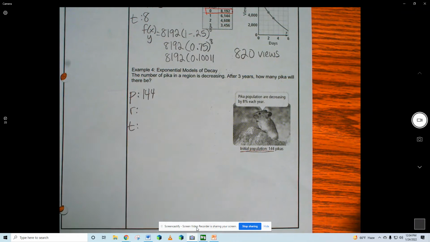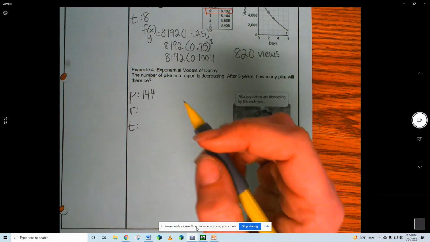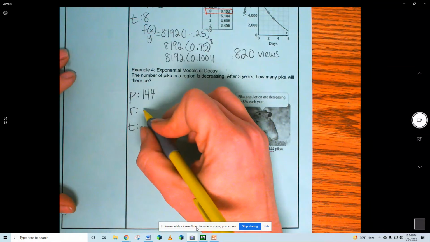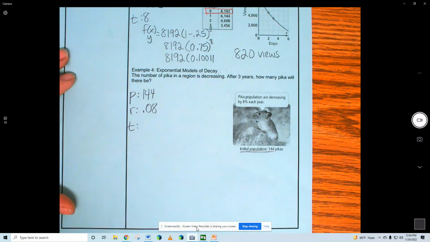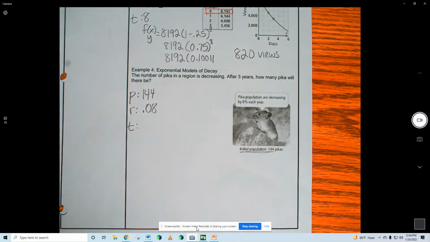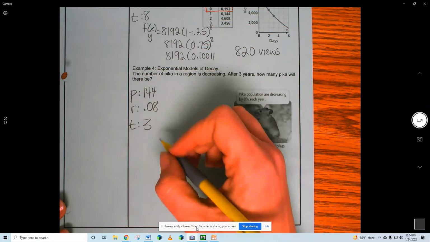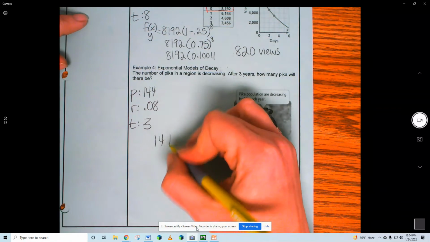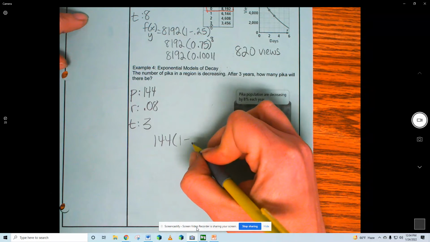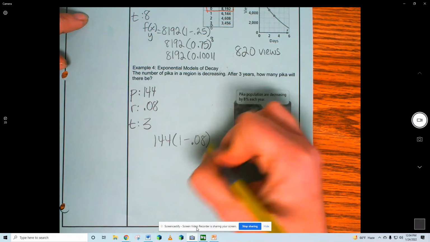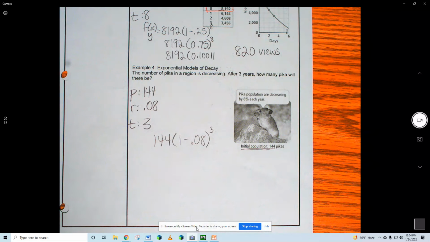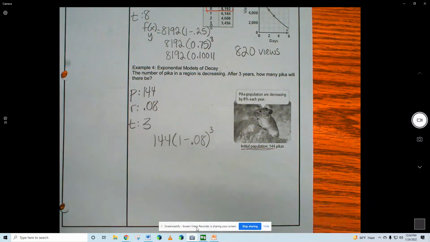What's my rate of decrease? 8%. 8% as a decimal though. Yep. 0.08. How long do I want to know? 3 years. So, starting at 144, 1 minus 0.08 raised to the third.